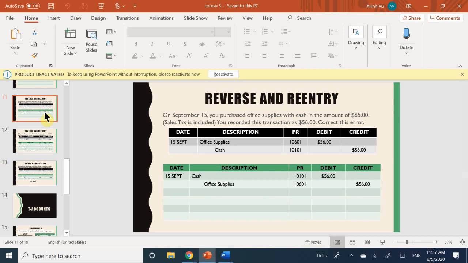And of course, if you're a newbie to journalizing, you're going to make error after error after error. So of course you can use any method that you want, but you want to make sure that you stick with one method and do it for each transaction that you have an error for.